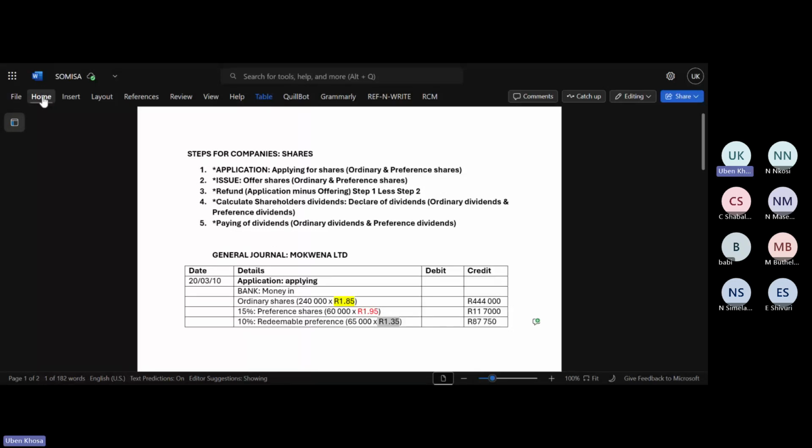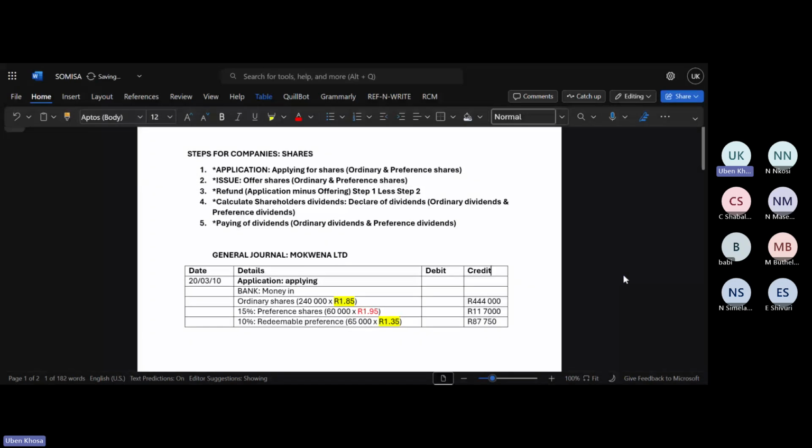Now let's go. They applied for how many ordinary shares? 240,000 shares. Then we want to calculate the value. Multiply by 1,85. Meaning they applied for 240,000 ordinary shares to the value of how much? 444,000 rand. We are done with this value.